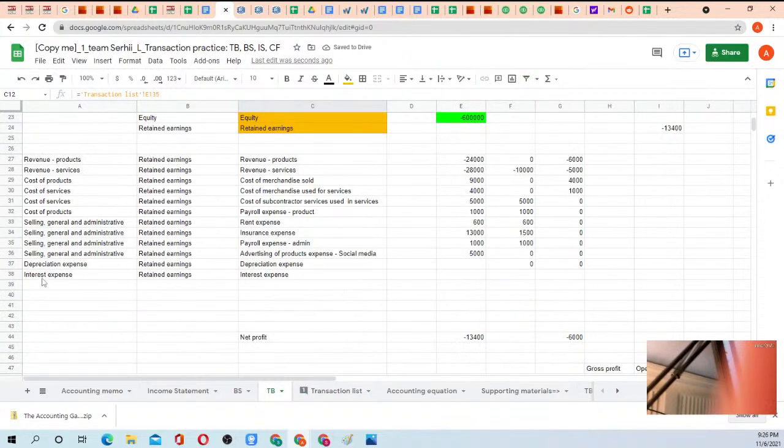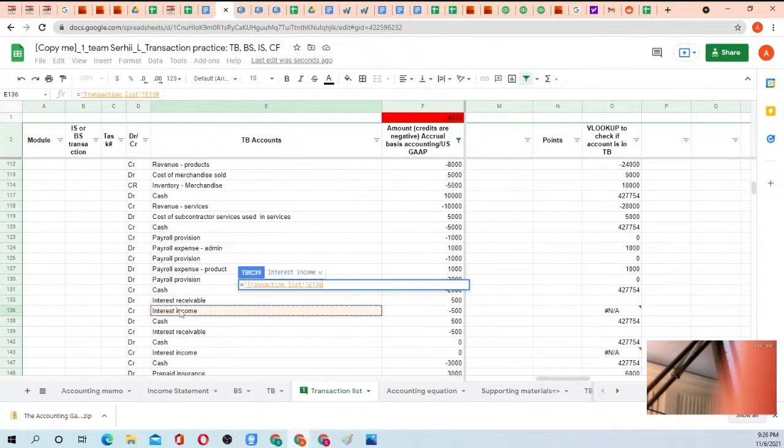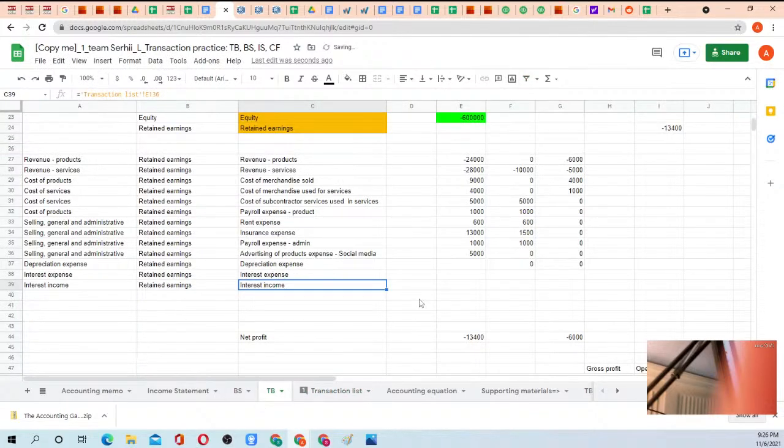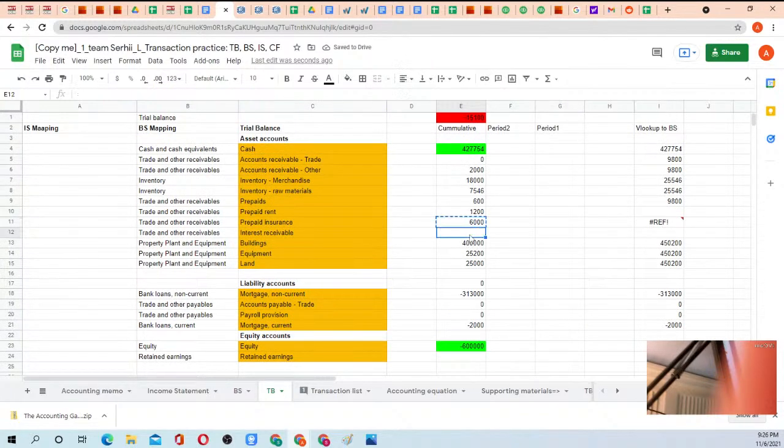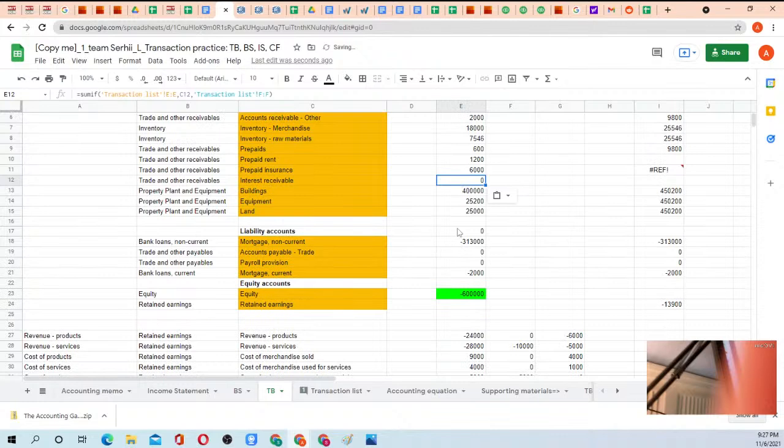And I go to my P&L, and it should all go to retained earnings. And I add interest income here. And of course, I need to copy all my formulas here. So interest receivable still 0.